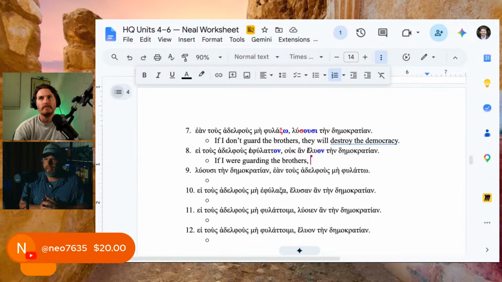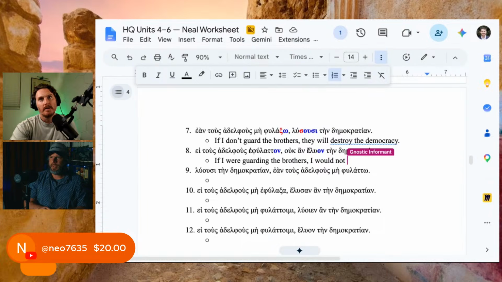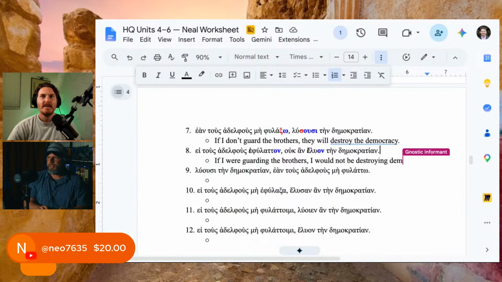Let's see. If I would not be, and we're going to use the word eluan as destroy again, right? Yes. But what about I won't be? It would not be. Would not destroy. Well, I would not be dissolving the democracy. The democracy. Well, it is Arthros, right? So it has a definite article.